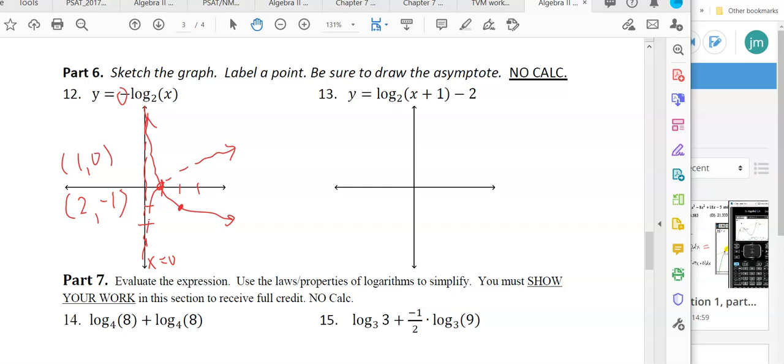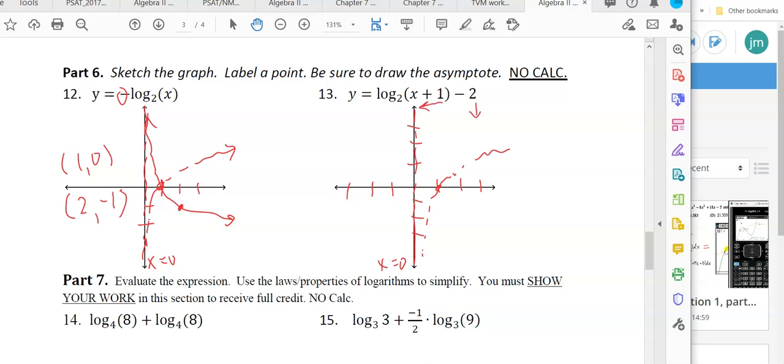Okay, this one, again, start with your parent graph. X equals 0 is where it starts, and it starts there, something like that, roughly. Okay, so we're going to move it to the left 1 and down 2.